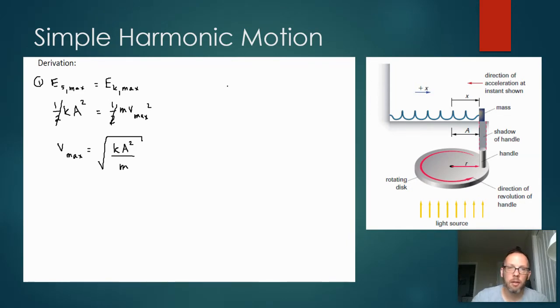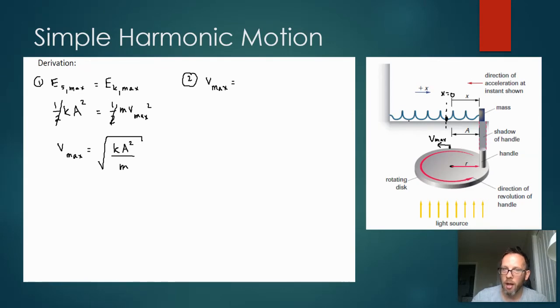Now let's make a connection to uniform circular motion. At that point in the middle of the spring where x equals 0, the maximum speed of the mass is going to correspond to the speed of the uniform circular motion.